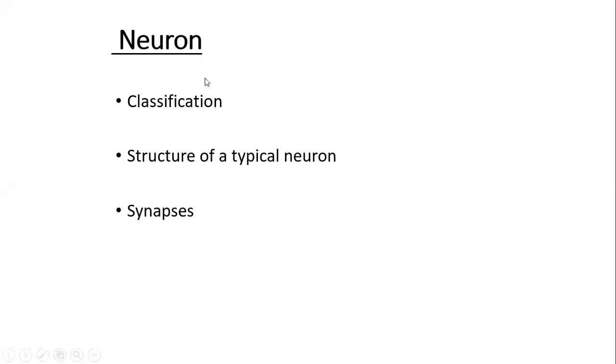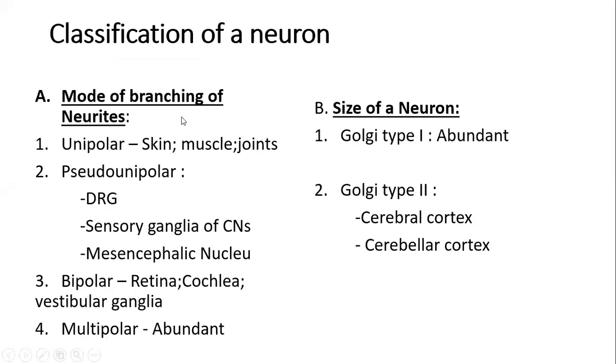So now let's start with the classification of the neuron. A neuron can be classified on the basis of the number, length, and branching mode of its processes called neurites. What is a neurite? A neurite is the process, either a dendrite or an axon, of a neuron.